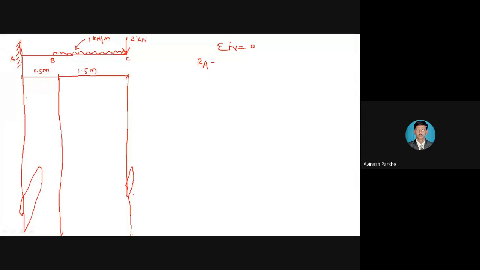So here, I will draw the loading diagram once again. This is the reaction RA. The UDL is converted into a point load, which will be indicated by dotted lines. So what will be the magnitude? 1 into 1.5. So what is the magnitude? Please do the calculation.